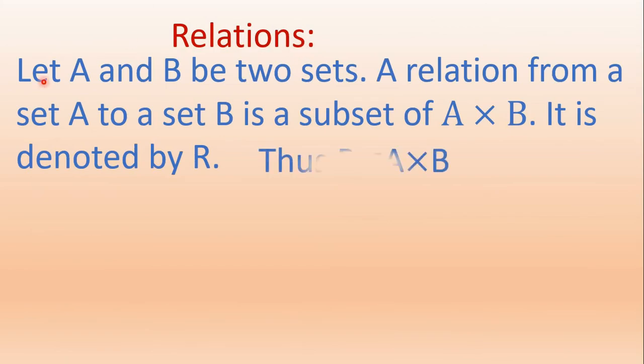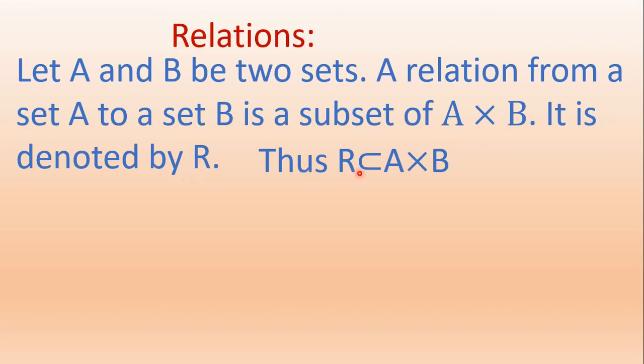Dear students, we will discuss relations. Let A and B be two sets. A relation from a set A to a set B is a subset of A cross B. It is denoted by R, the first letter of relation.